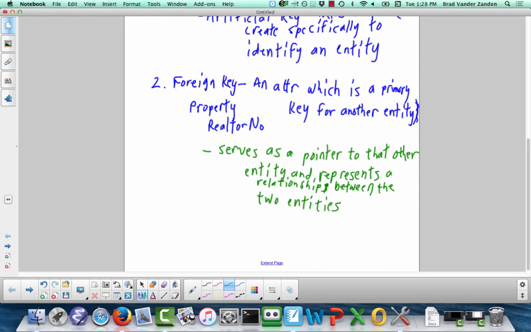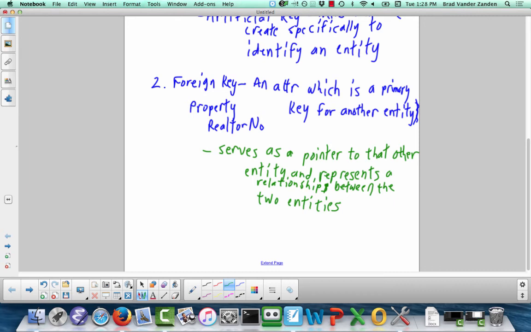Okay, so you can't avoid redundantly storing keys. Like the realtor number is going to be a redundant piece of information. So databases seek to minimize the amount of redundant information, but they can't eliminate it completely.